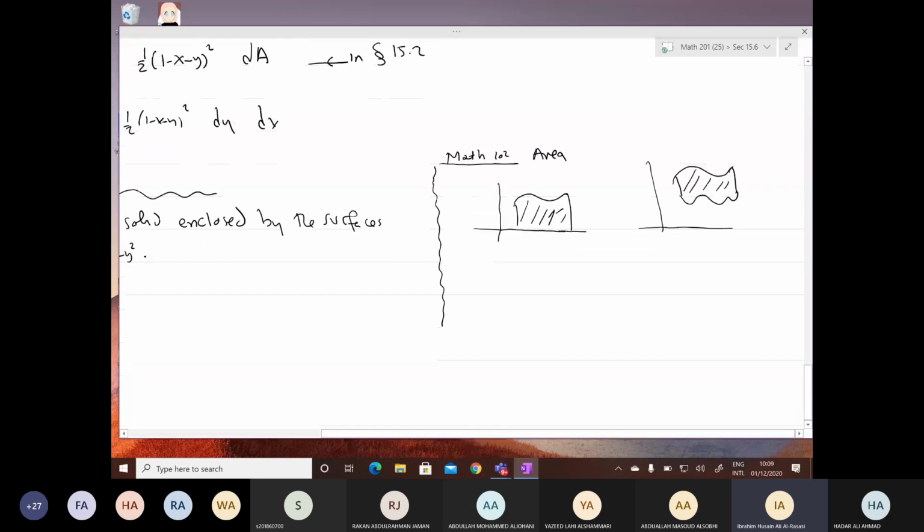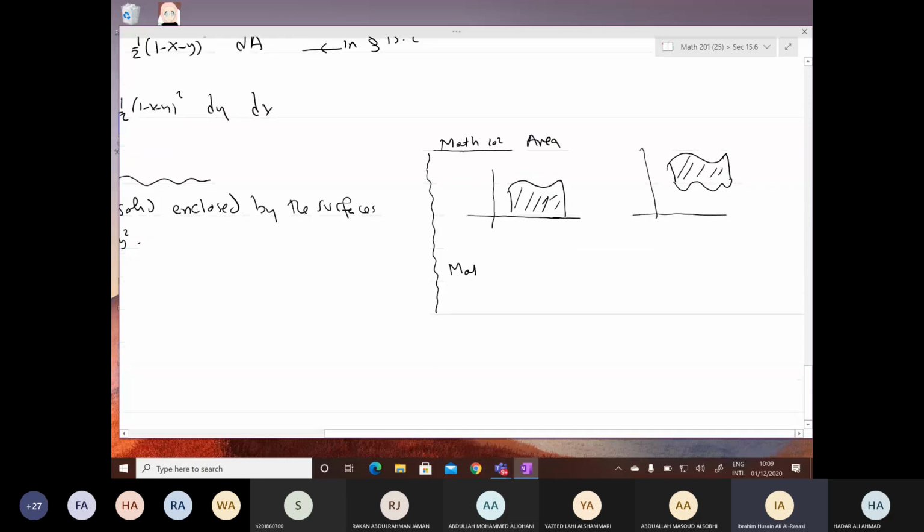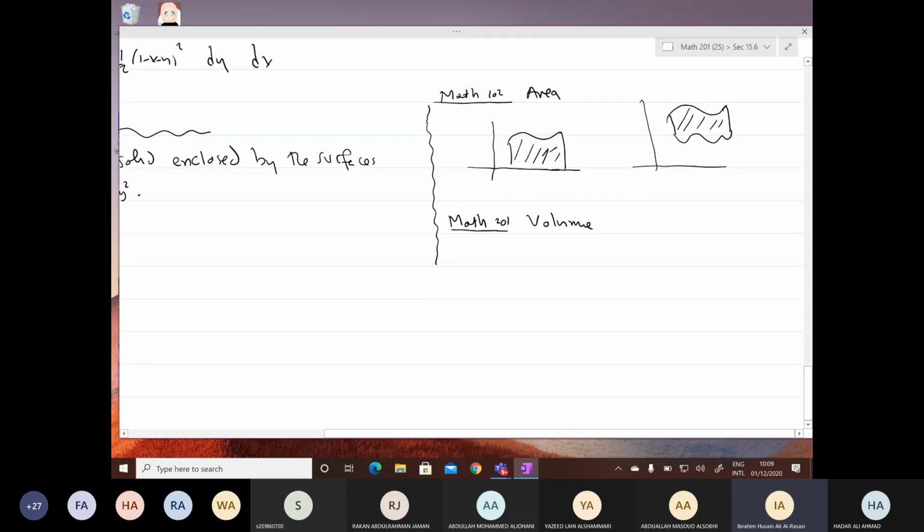Now, when you go to Math 201, the main problem is volume. Now you have the following. I will have one surface, z equals f of x, y, and I have a region here. I need to find the volume of the solid above the region and below the surface.